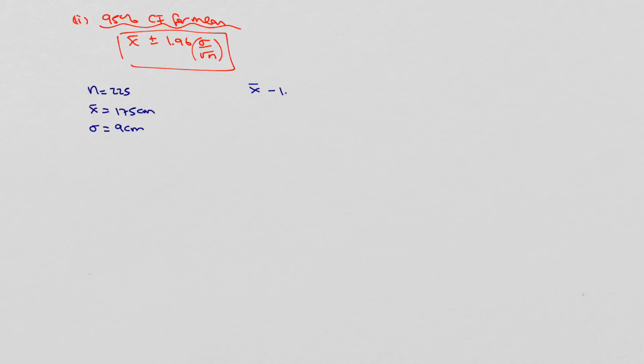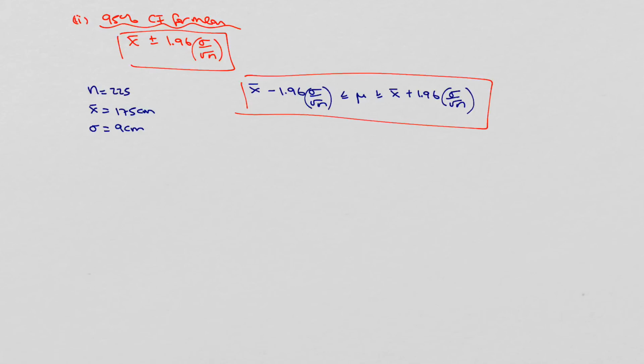So expanding our equation and subbing in our values, we have 175 minus 1.96 times sigma, which is 9 over the square root of 225, less than or equal to the true population mean, less than or equal to 175 plus 1.96 times 9 over the square root of 225.